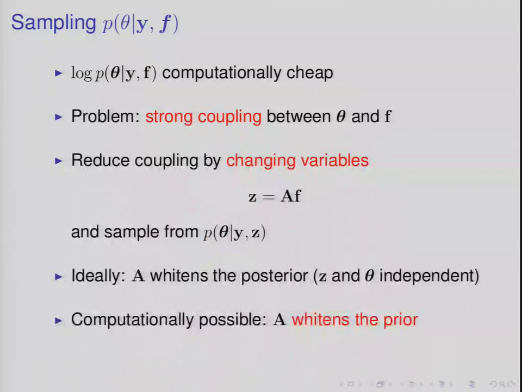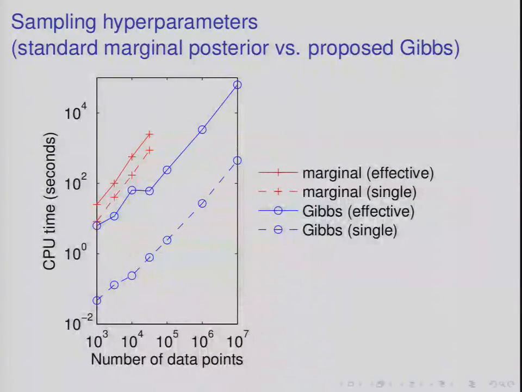So let's see how well this works. Now here's a comparison between the standard approach, using the marginal posterior and the Cholesky decomposition, and this Gibbs sampler. The red line is the standard approach and the blue line is the Gibbs sampler.